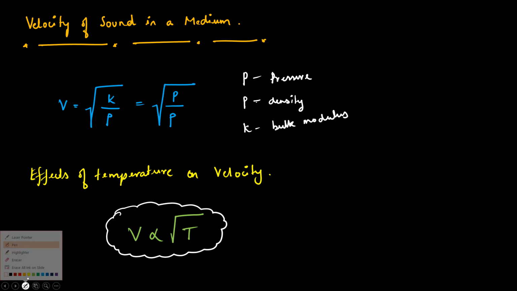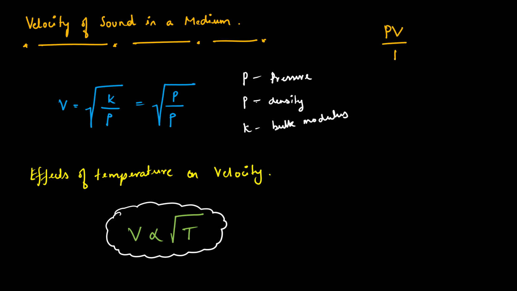Because what is your Charles law? I think I have told you, V divided by T, keeping P constant. So V1 divided by T1 should be equal to V2 divided by T2. And what is your volume? I know that mass divided by volume is your density.